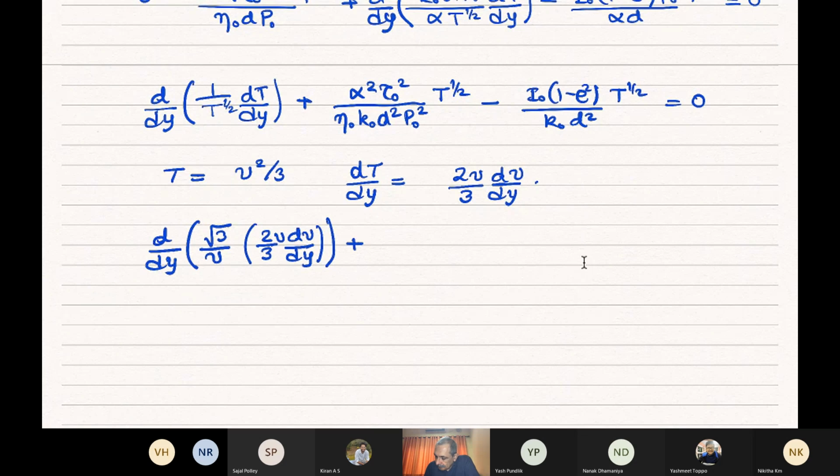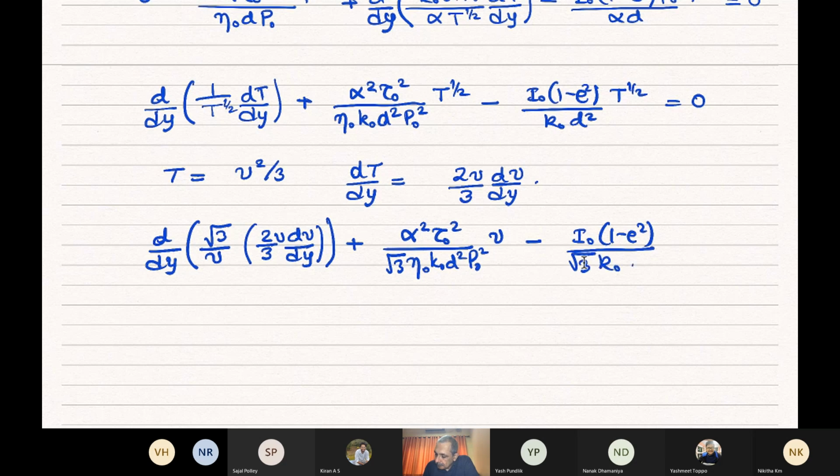plus alpha squared tau 0 squared divided by root 3 eta 0 k0 d squared into p0 squared times the velocity minus I0 into 1 minus e squared times v.